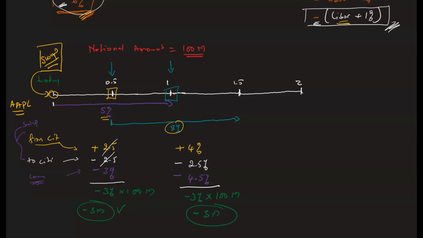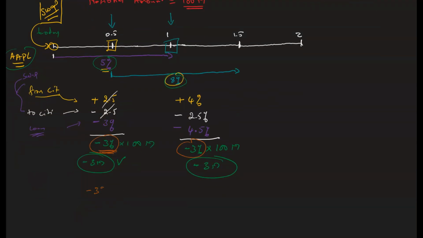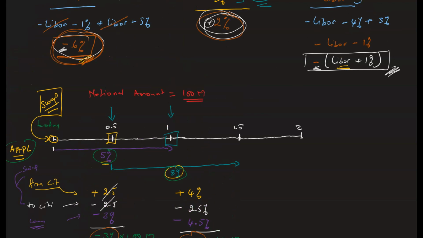So from a 3% LIBOR to an 8% LIBOR, Apple was able to avoid having a variable rate and lock in that fixed rate. And the fixed rate here is at 3%. But now remember, it's a 3% semi-annual, and so annually it is going to be minus 3% times 2, which is equal to minus 6%, which is exactly what we had here at minus 6% for Apple.